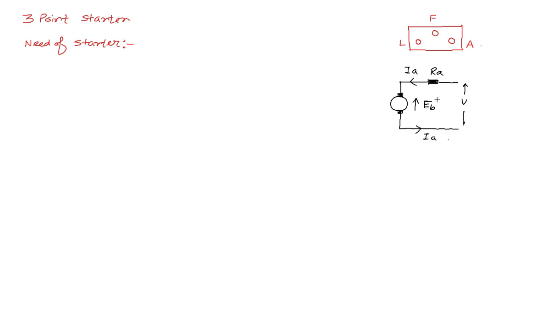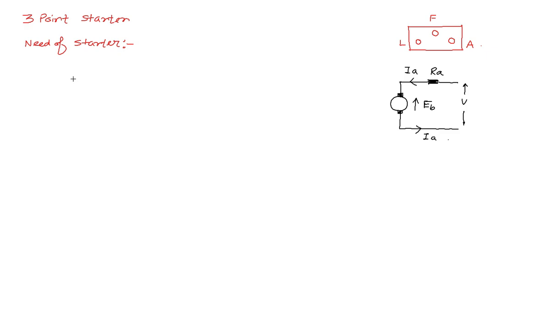Okay, now it is the back EMF produced in the motor which plays a vital role in the starter. That means the back EMF is dangerous as it can affect the current. How?